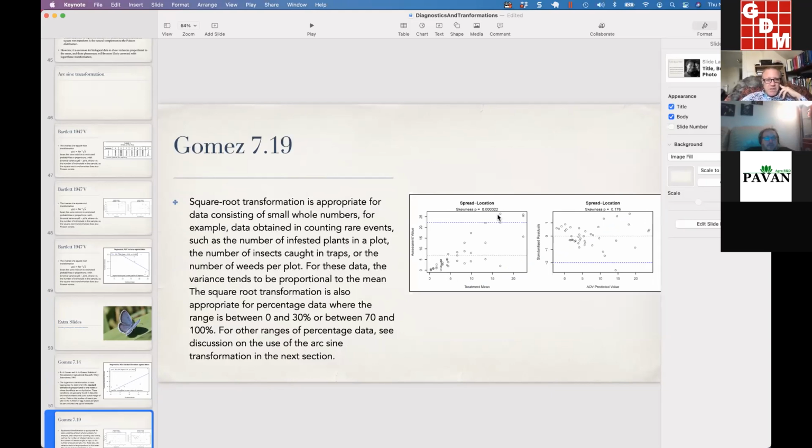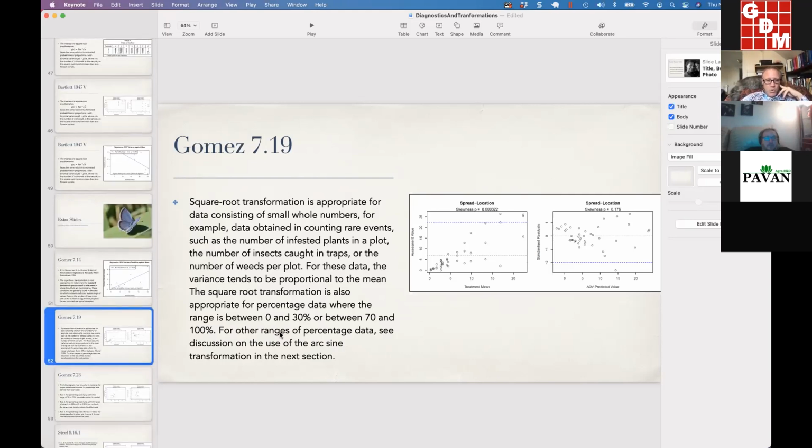This example is a nice case where we have data that are more spread out as we get to larger values. So this is a good case of a logarithmic transformation, although we still see a little bit of a wedge shape in the spread location plots. But this is something you will see in column diagnostics that will give you an indication where your data could be transformed and improved upon with the transformation.